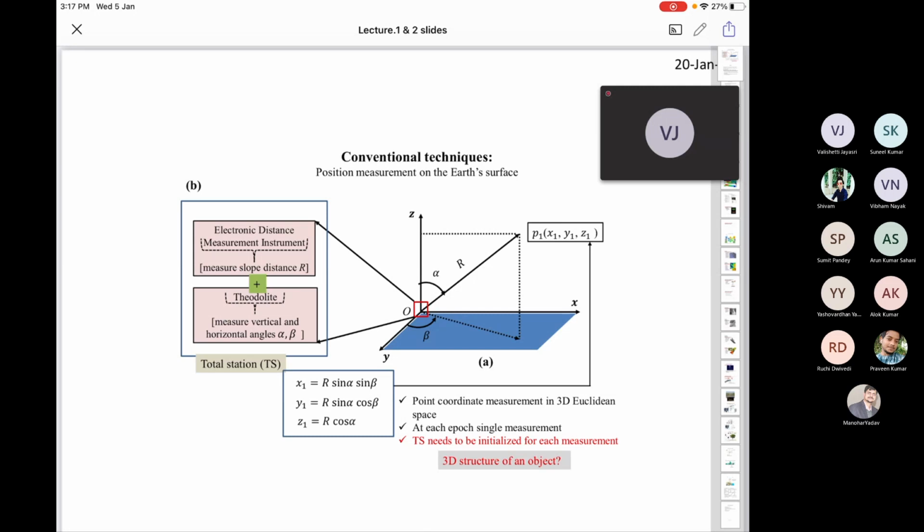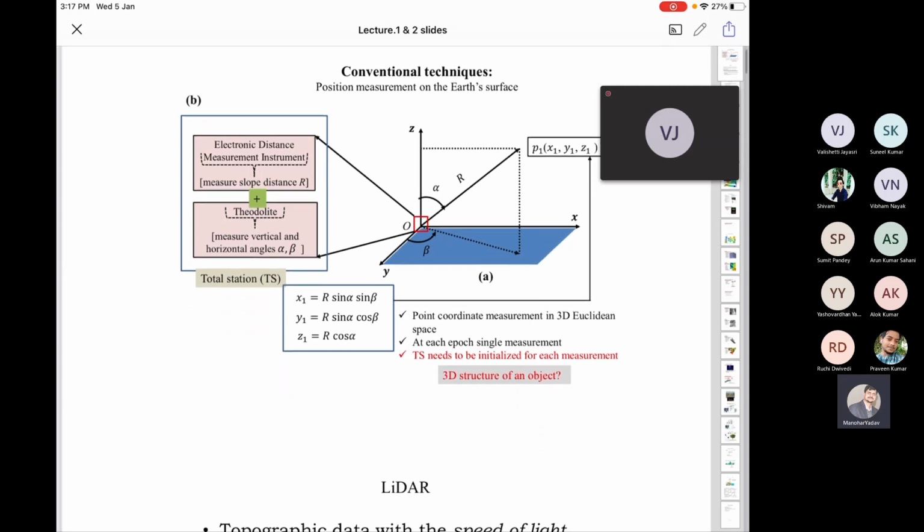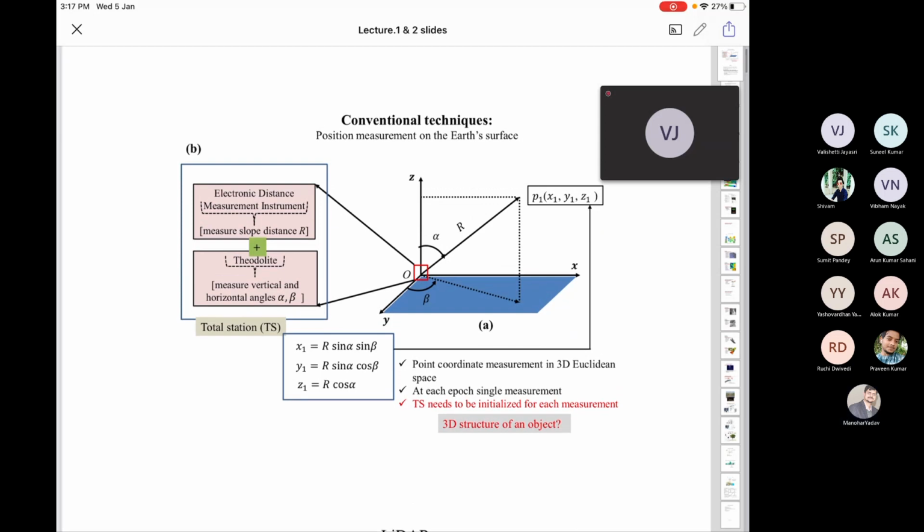Okay, can we do it using total station based data acquisition? As you see, I am mentioning over here, we want to represent the entire 3D structure of the object. The principle is the same. Let's say if I consider the building, the building has 4 facades, 4 sides, and 1 roof.